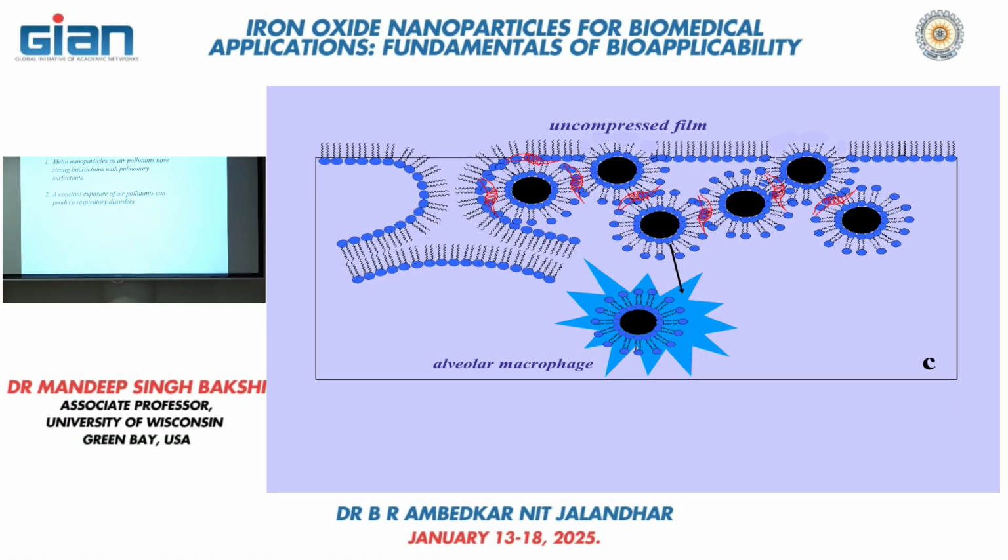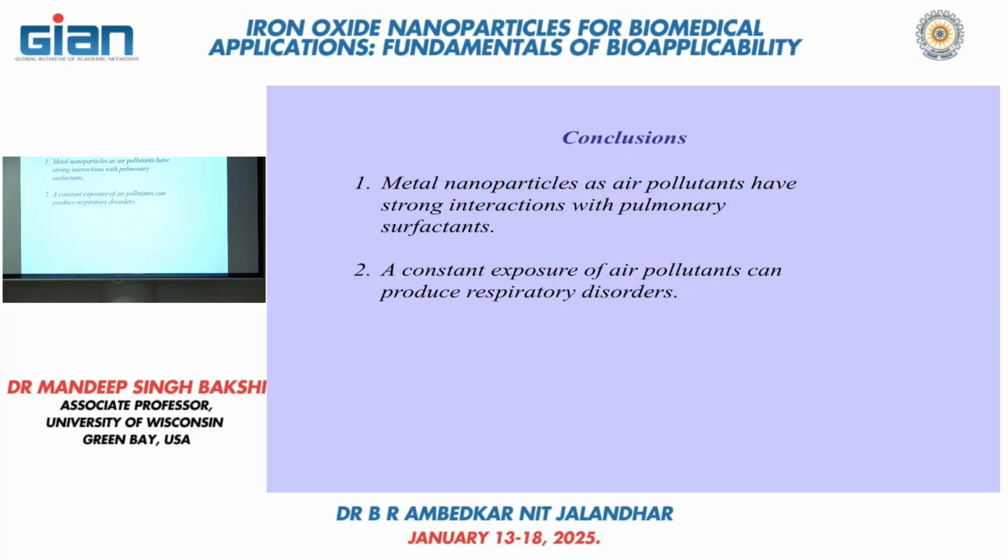So now, on the basis of this, we can conclude that metal nanoparticles as air pollutants have strong interaction with pulmonary surfactant. This is the metal nanoparticle as model. But if you ask me, what if there are dust particles or carbon suspended fibers or particles from fossil emission? They also have the same kind of entity.